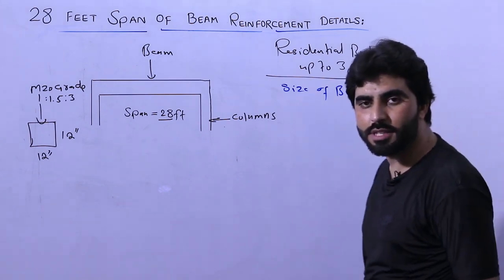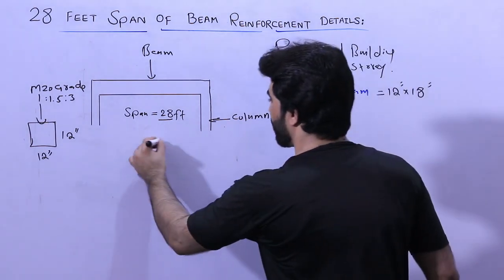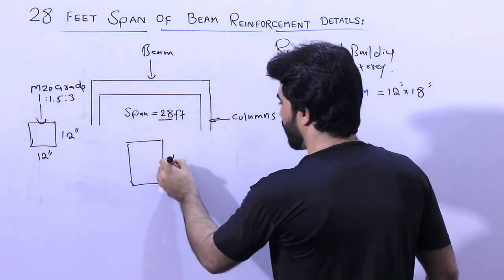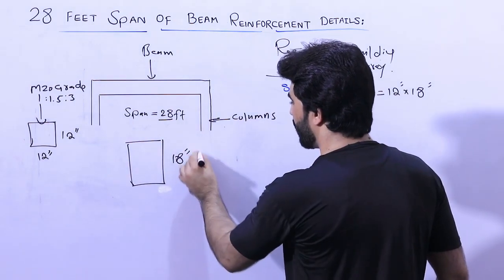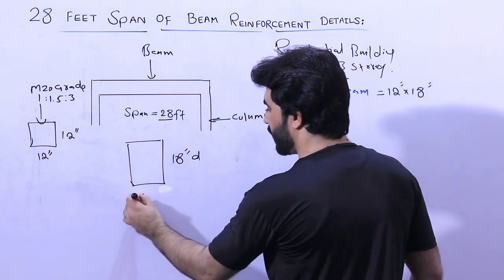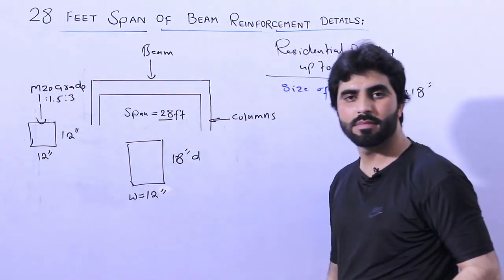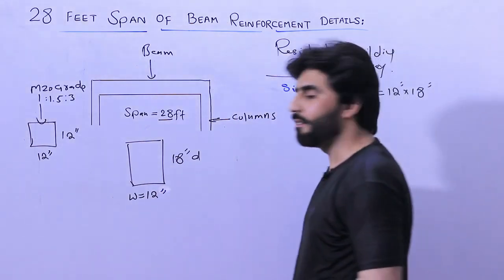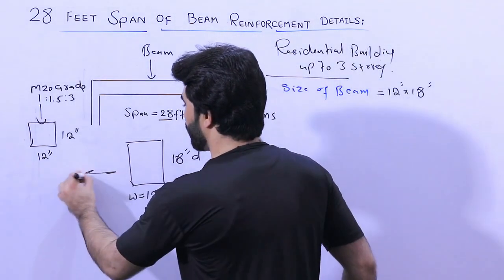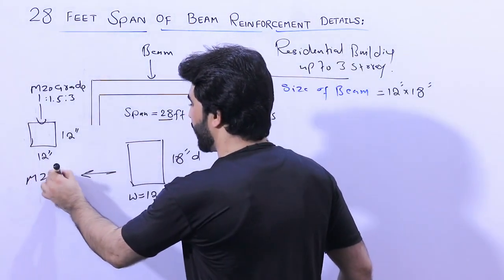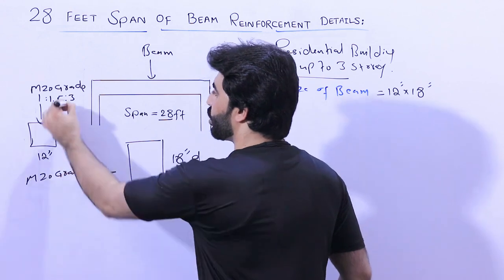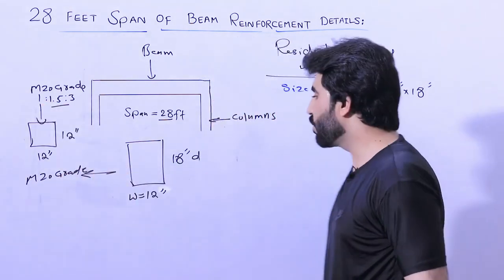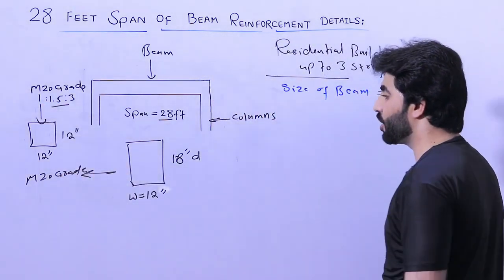Width is 12 inches, depth is 18 inches. Let me create its section. This is the size of the beam, where we already used M20 grade concrete, with this ratio. So the size is 12 by 18 inches.